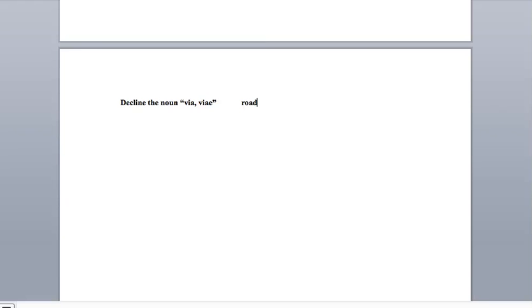There is no letter W. You can have two U's, an actual double U, next to each other in a word, but the letter W does not actually exist in the language, even though its sound does. Isn't that kind of weird? So this is the word for road, via, viae. And like I said, we use this word via in English.